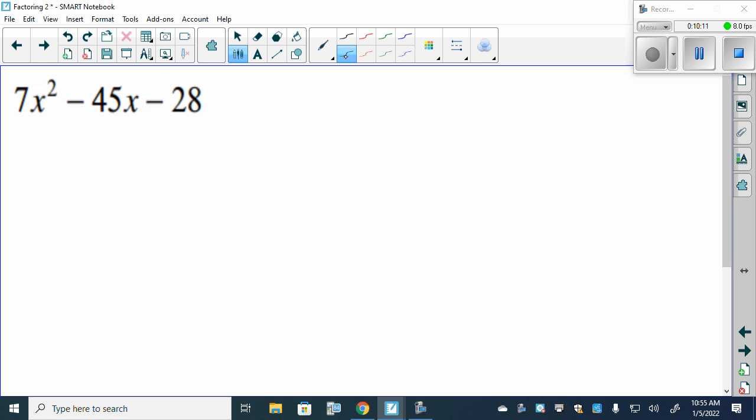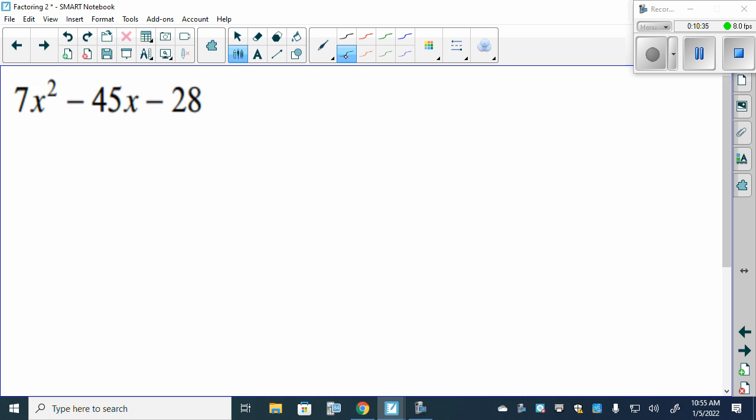Let's look at this one here. Is there a greatest common factor between these three terms? Well, 7 and 28 do have a greatest common factor of 7, yes? Does 7 go into 45 evenly?